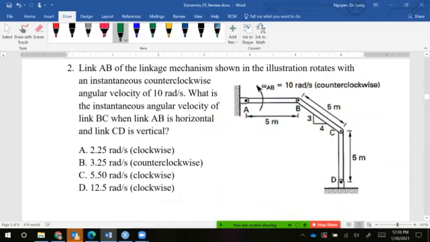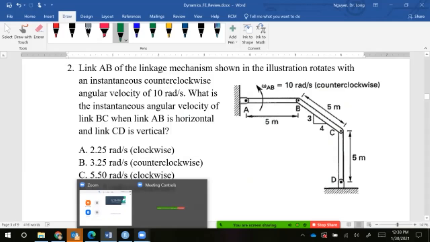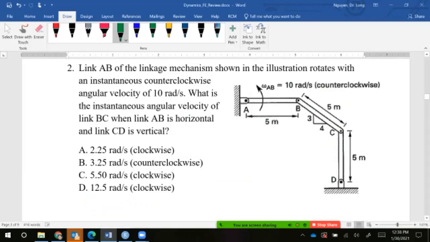Now move on to the next problem. The previous one dealt with the acceleration, and this one we discuss about the velocity. Okay, so velocity. There are 3 bodies, links AB, BC, and CD.